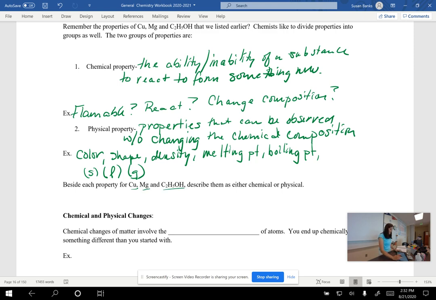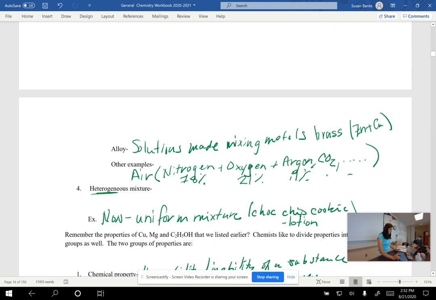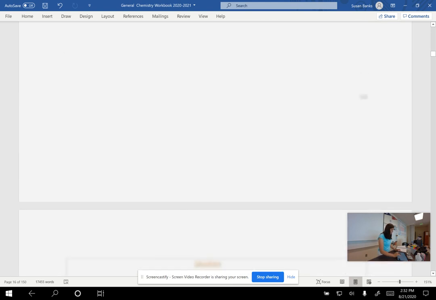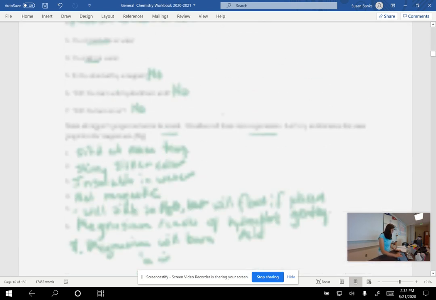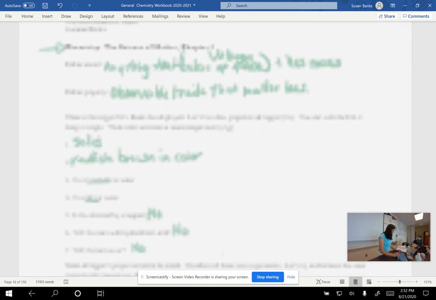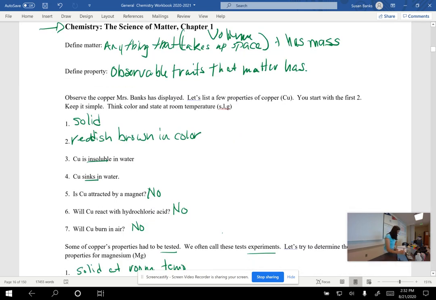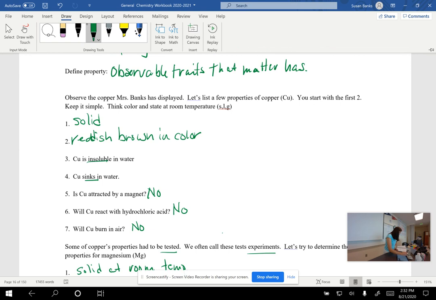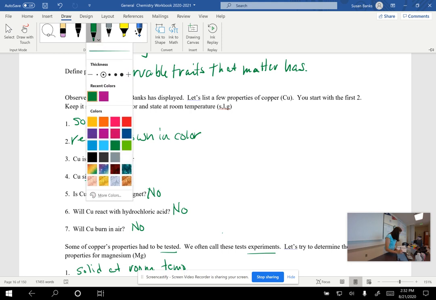Okay? So let's go back and look at these properties that we've done of copper, magnesium, and isopropyl alcohol and describe them as either physical or chemical. So I'm going to change my color of pen here. Let's change color.